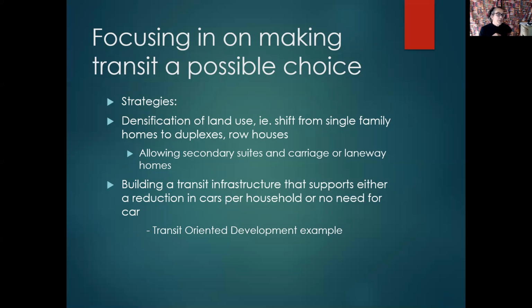But for this, I just want to focus in on the urban context and how do you make transit a possible choice when you have an existing single family home, essentially sprawling land use patterns. So the strategies that you're going to see are in that report from the Federation of Canadian Municipalities.